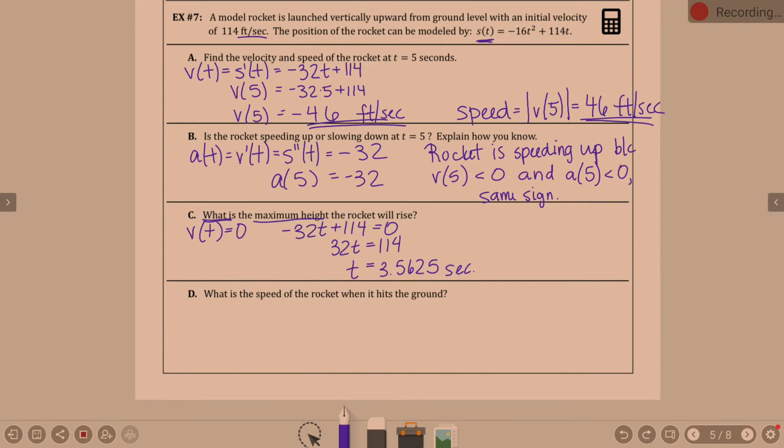So I'm going to say S of 3.5625. And in all honesty, if you're on a calculator active portion, you can write that and then just write your answer, because that is stating that you're plugging the 3.5625 into the calculator, into S. Okay?